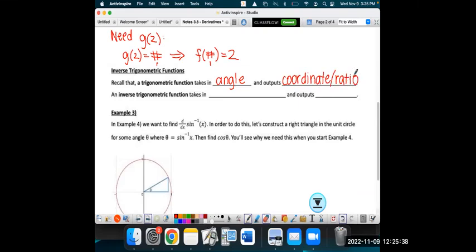So then an inverse trig function, remember inverse functions in general, the inputs and outputs are flip-flopped. So technically an inverse trig function is going to take in a coordinate or a ratio, depending on which one it is, and it is going to output an angle.